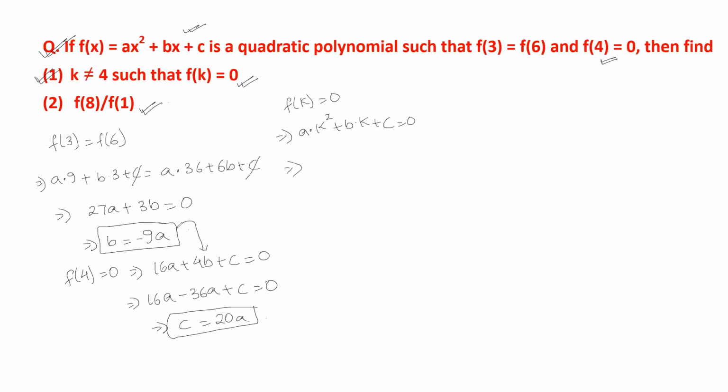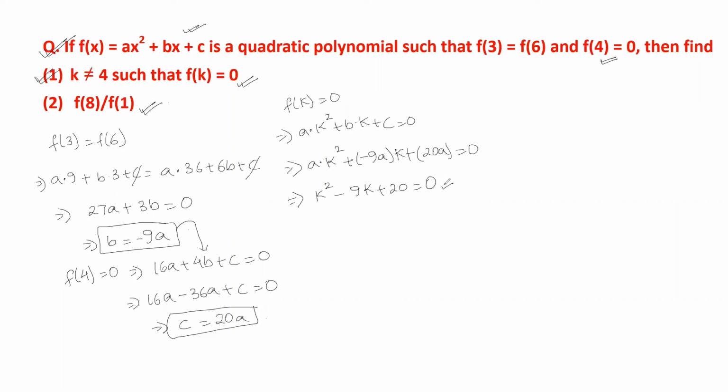Now, using the value of b as minus 9a and c as 20a, this equation can be written as a into k square plus minus 9a into k plus 20, and this equals 0. Now, we can divide this whole equation by a. In that case, this would be k square minus 9k plus 20 equals 0.